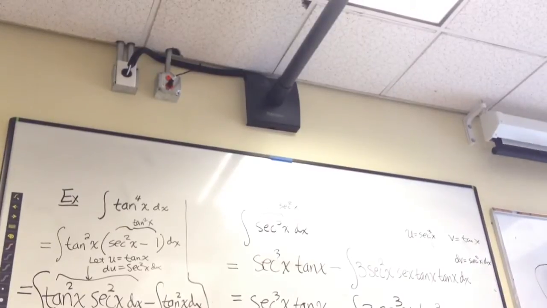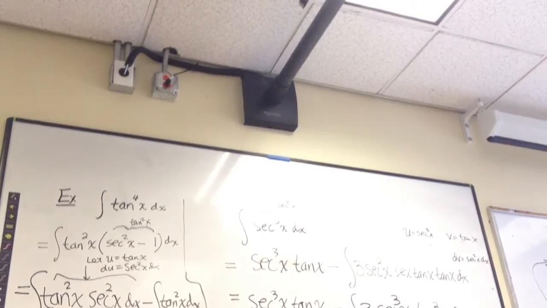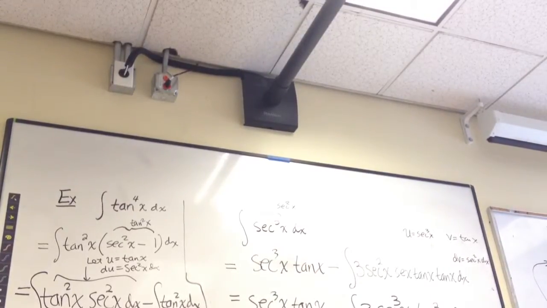Then from here, I know that at this moment, assess the situation. I want the fifth power integral, and it turns out it is equal to secant third power x tangent x minus 3 times what I want, secant fifth power x dx, plus 3 times something simpler, lower power, third power, 2 powers down.